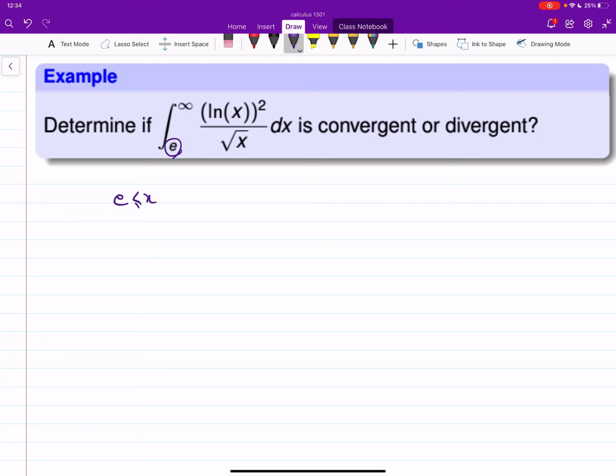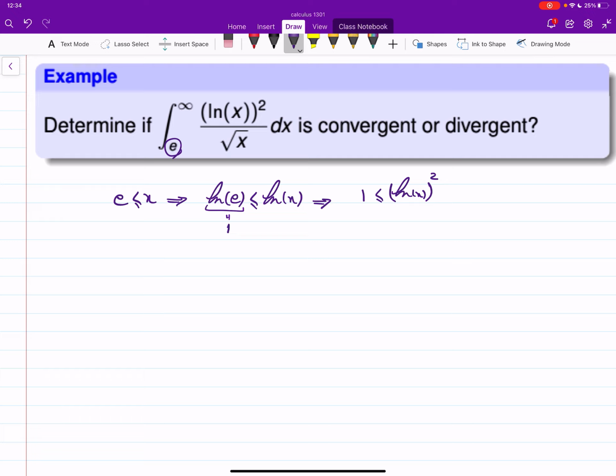And if you take ln of e, since ln is an increasing function, that will keep the inequality the same way. But ln of e is 1, yes? So as a result of this, we have 1 is less than ln x. Also, if you square it you still get a number bigger than 1.